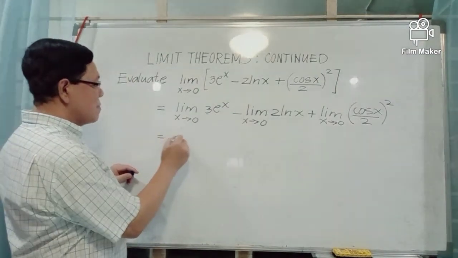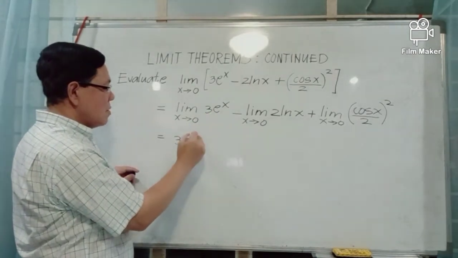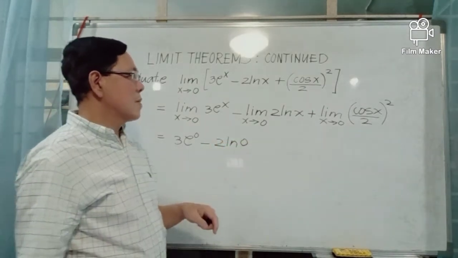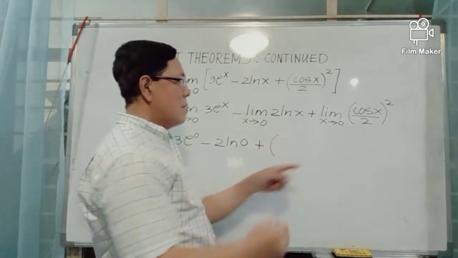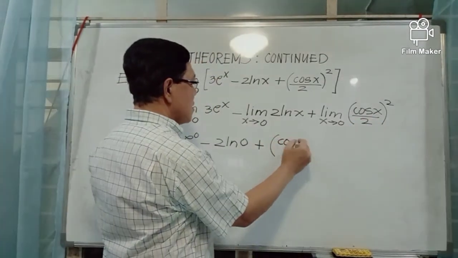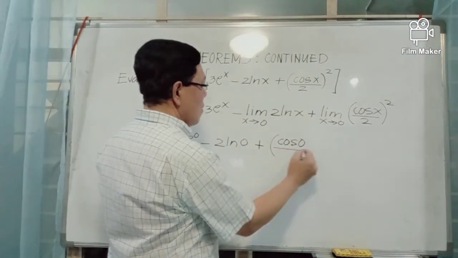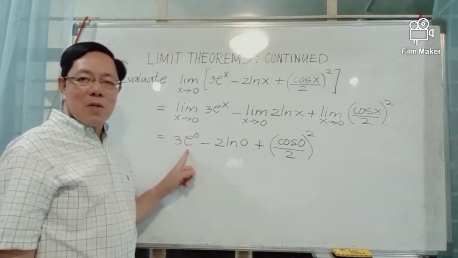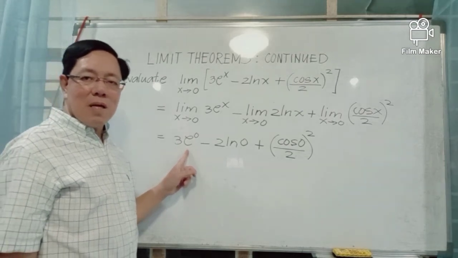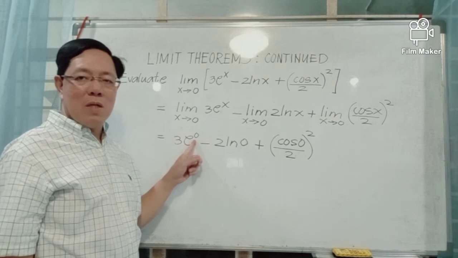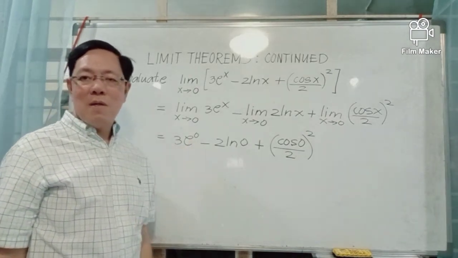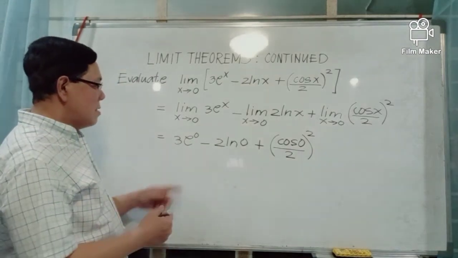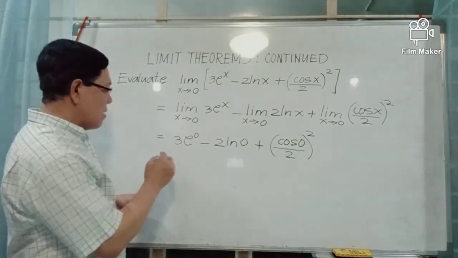And we get 3 multiplied by e to the 0 minus 2 ln of 0 plus, replace x with 0, cosine of 0 over 2 to the power 2. e is not equal to 0, and by the property of exponents, a non-zero base raised to an exponent 0 is 1. e here is actually an irrational real number, a non-terminating, non-repeating decimal number. So e to the 0 is 1, multiplied by 3 is 3.